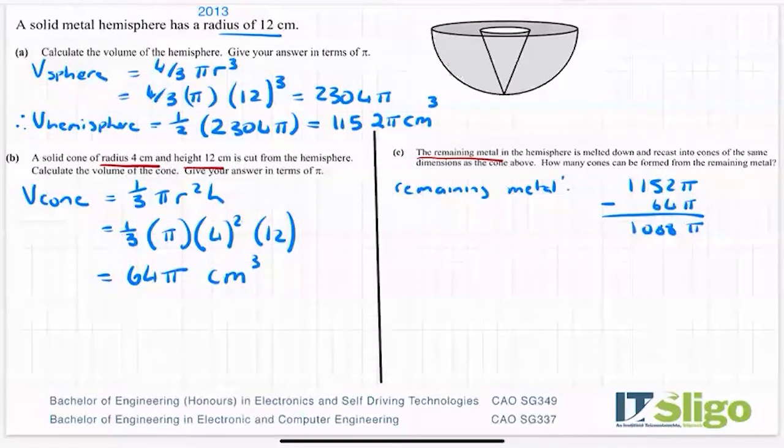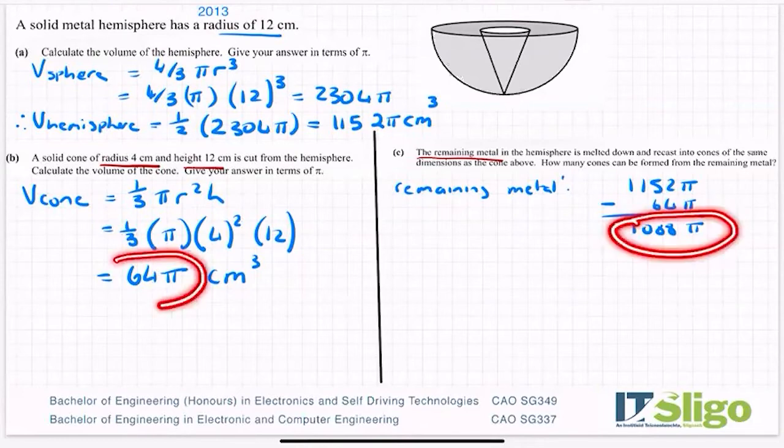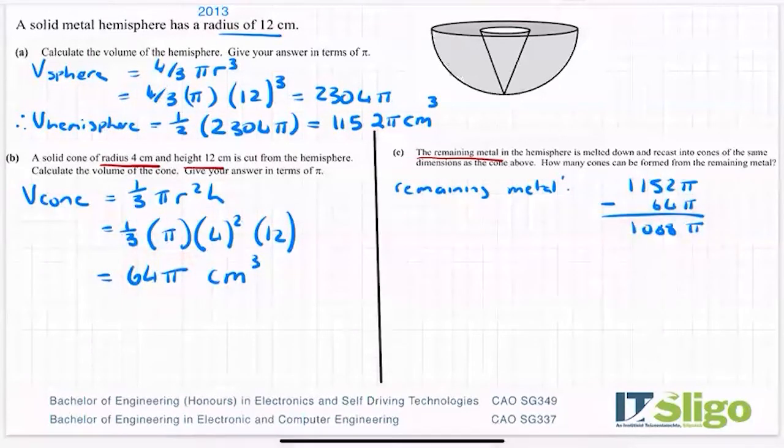So the remaining metal is melted down and recast into cones of the same dimensions as the cone above. How many cones? Well, that's how much metal I have, and that's how much one cone takes.